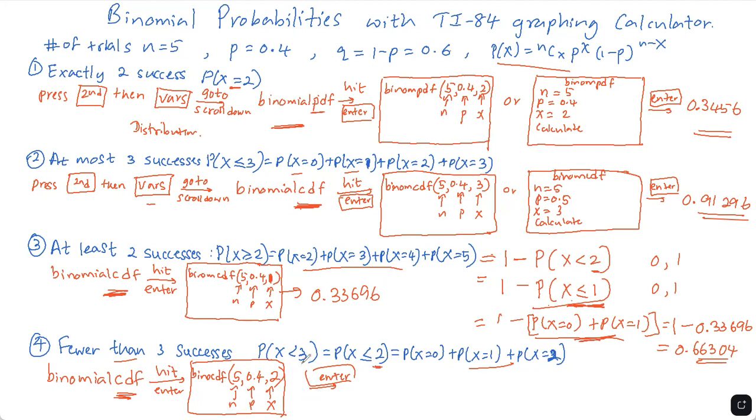X equals 2. You cannot enter 3 because 3 is not in this set. So make sure to enter 2 in this case. So then once you hit enter, you will see the final answer as 0.68256.